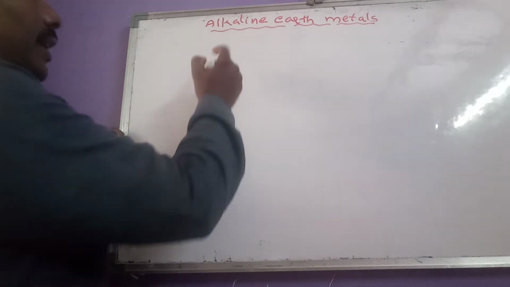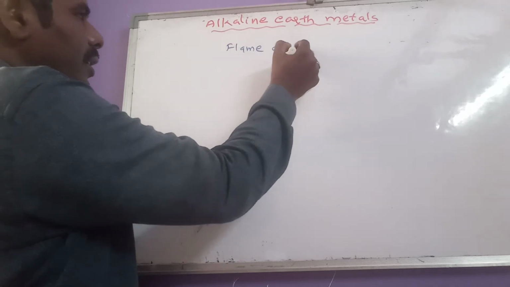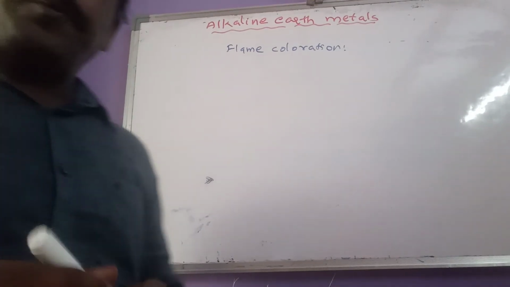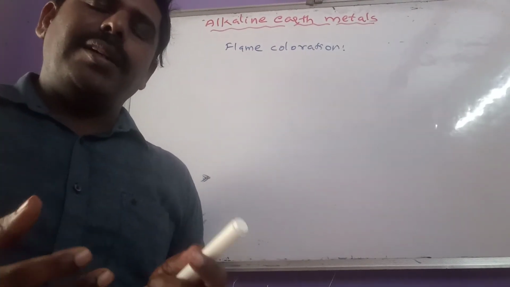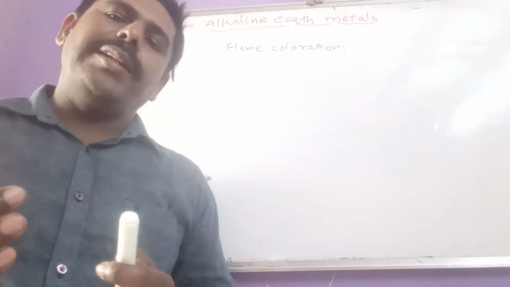Okay, now let us see another one here, that is flame coloration, or they exhibit flame colors. That means when alkaline earth metals are ignited in a flame, they impart different colors.